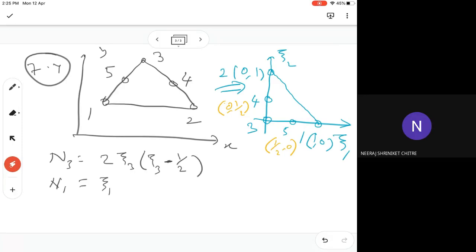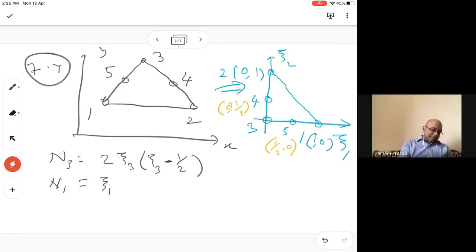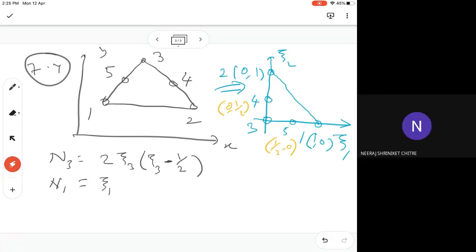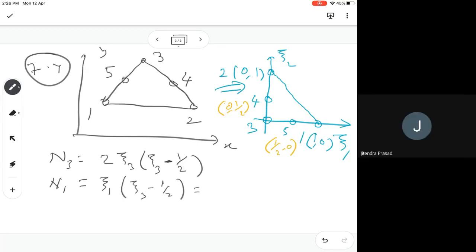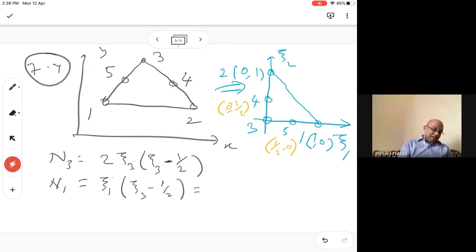Xi3 minus half. So you have here xi1 multiplied by xi3 minus half, like this one.